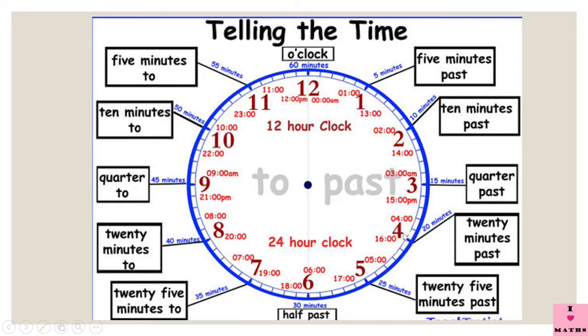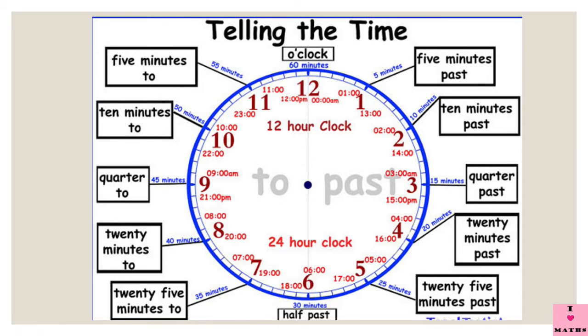Now 4 a.m., that is 4 o'clock early in the morning, is written as 0400 hours in 24-hour clock. 5 a.m. or 5 o'clock in the morning is written as 0500 hours in 24-hour clock.